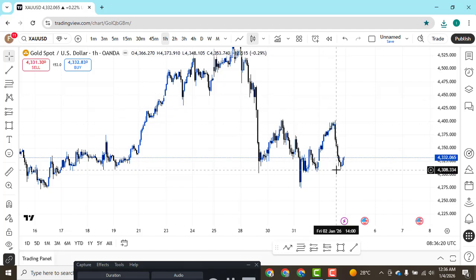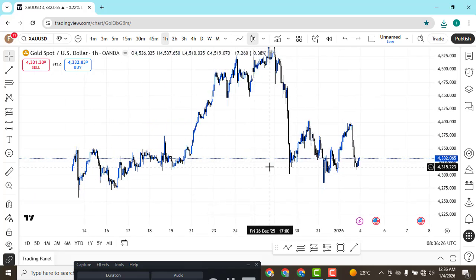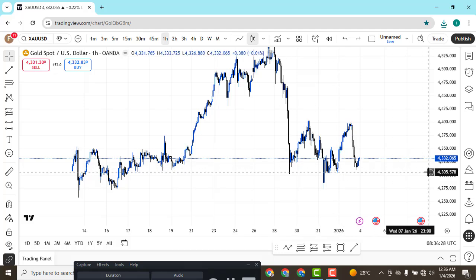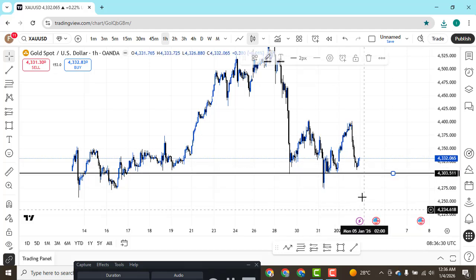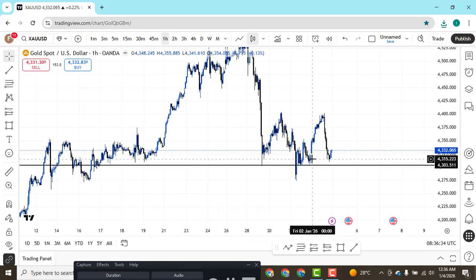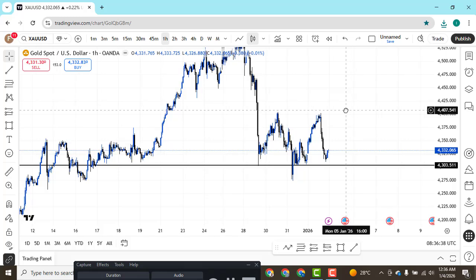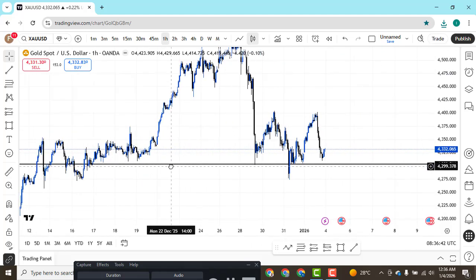With what we are seeing now, gold is on a support level. Remember, when you are trading gold, be very, very careful, because any little movement of gold will finish your small money. You can see that this level is like a support level.